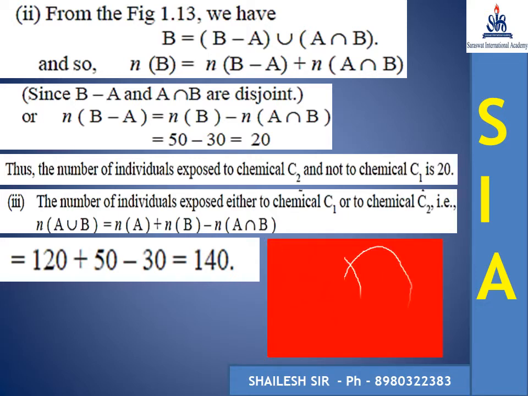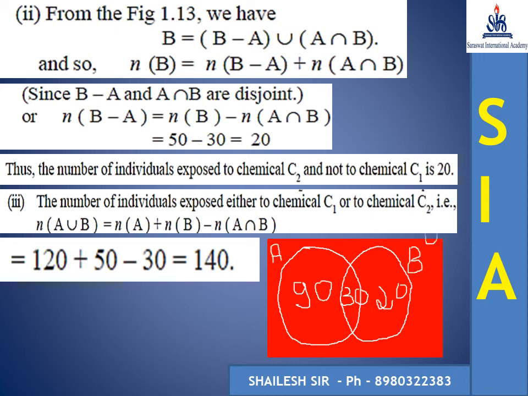And I plot all these values in the drawing. In the drawing, A and B are union sets, and 30 members belong to the intersection between A and B, and here 90 indicates only set A and 20 indicates only set B. So indirectly all three questions relate to a Venn diagram, which I show in these red portions.